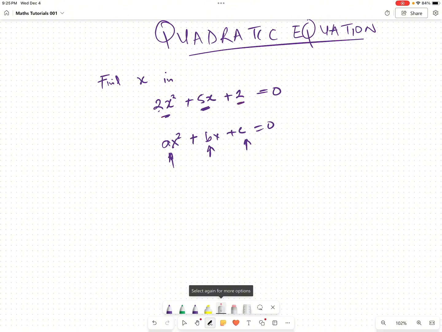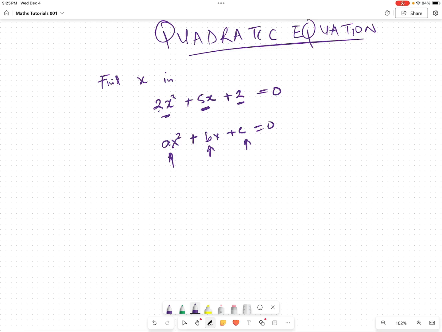Then once we have the result, we want to extract two factors from it that get us to what is in the middle here, which is the coefficient of x.